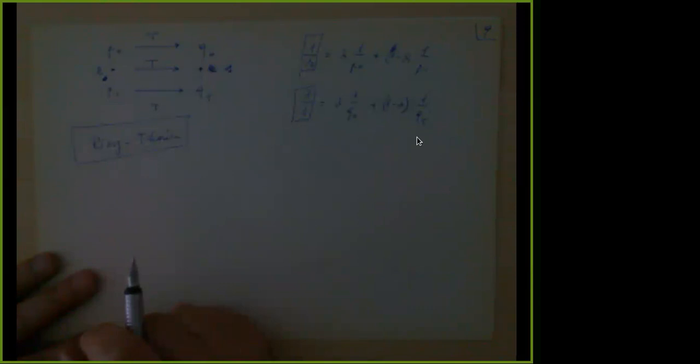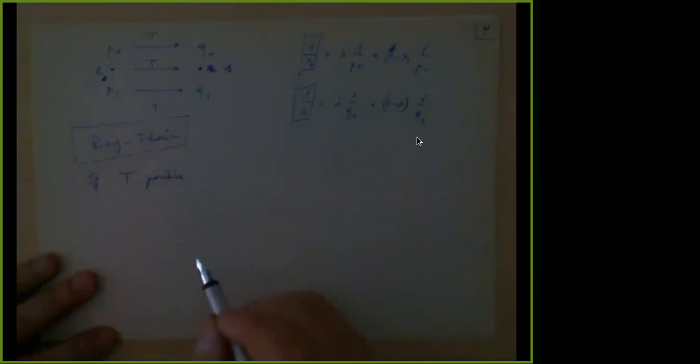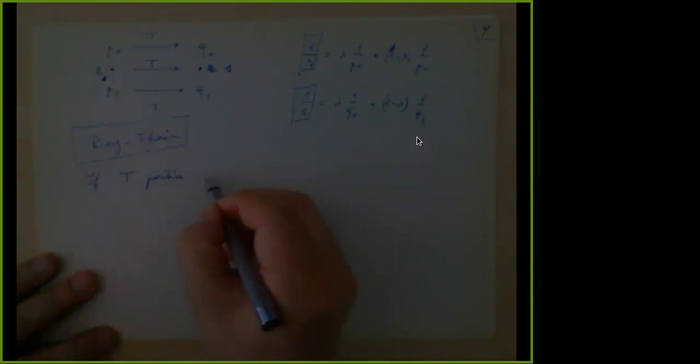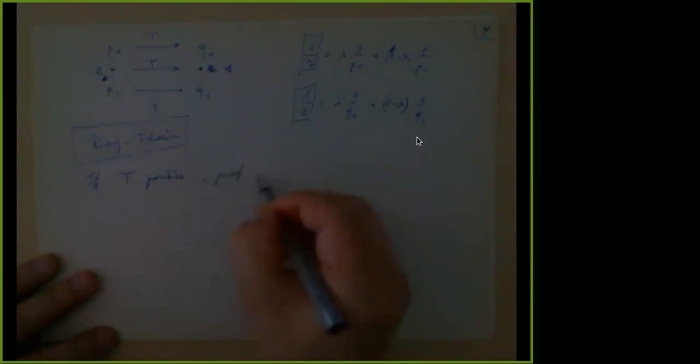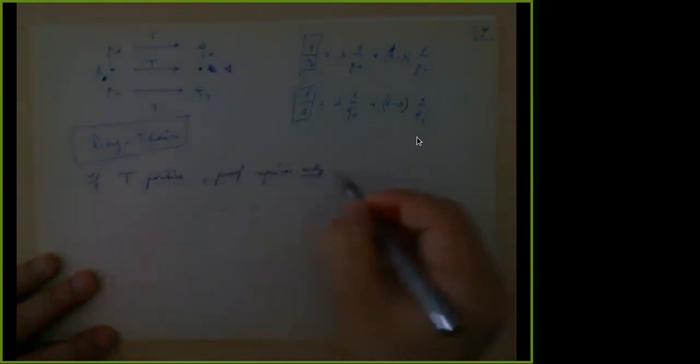Okay. So this is the statement of the theorem. So if T is positive, which is the property that I call positivity preserving, then the proof requires only Hölder.